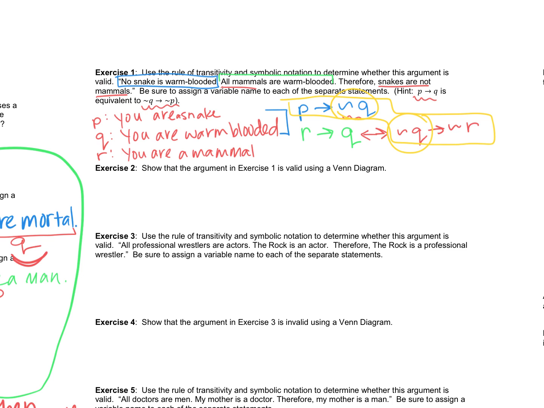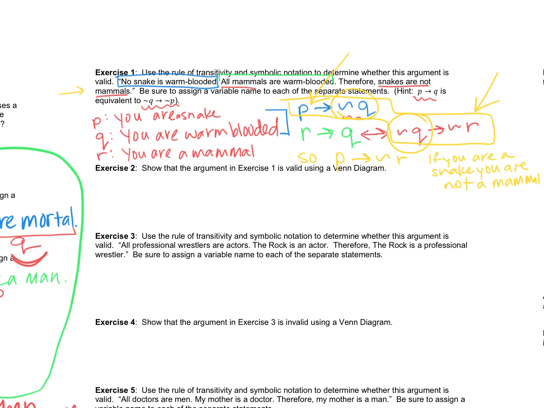So what that would mean is that we would have P getting us not R. And that is that if you are a snake, you are not a mammal. So that looks like a valid statement.